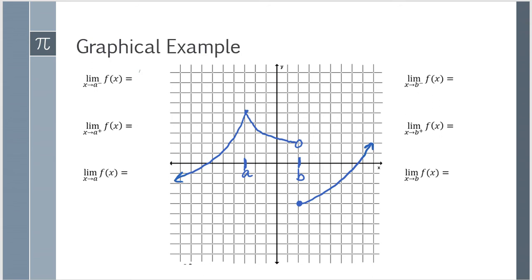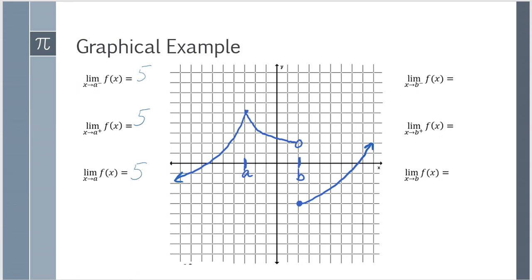It looks like I'm approaching 5 from the left. If I come from the right, I'm at 2.5, 3, 3.5, 4, 4.5, 4 3/4. Looks like I'm approaching 5 also. Well, because the left and right-hand limits are the same, the two-sided limit as x approaches a does exist and will be the same thing.